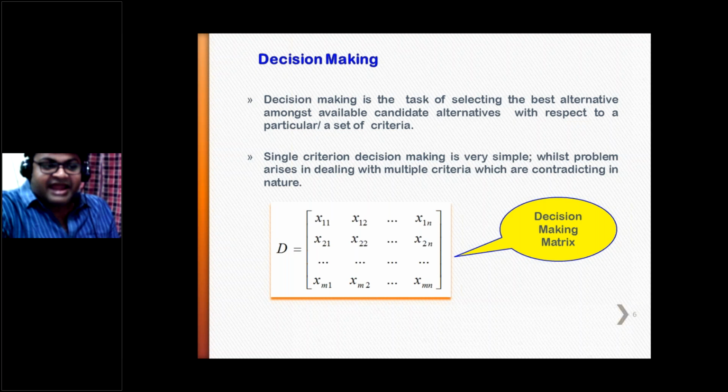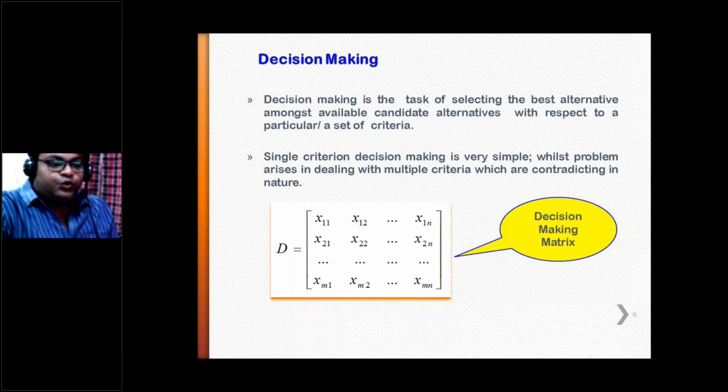So the first row represents values of alternative A1 for different criteria c1, c2 up to cn respectively. The second row represents criteria values of alternative A2 for criteria 1, 2, 3, 4 up to n respectively.